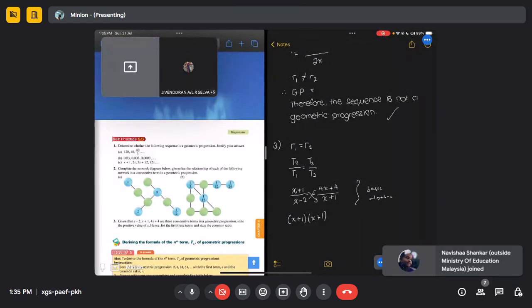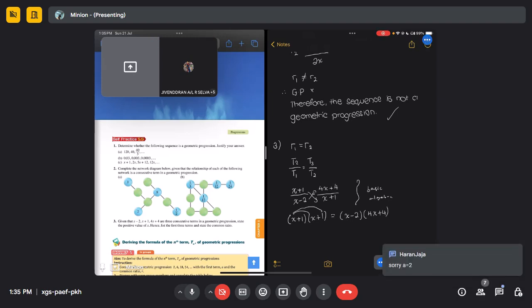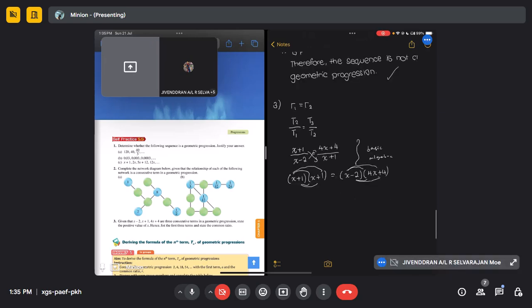Just cross multiply. Anyhow, you still have to expand one by one. You can do it separately or straightforward. Expand.